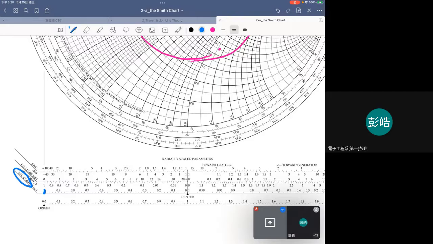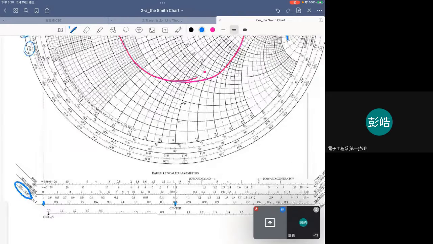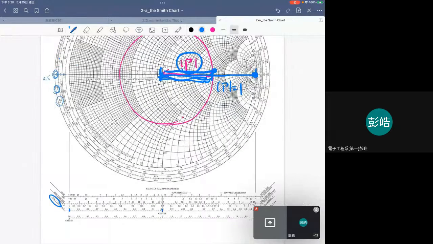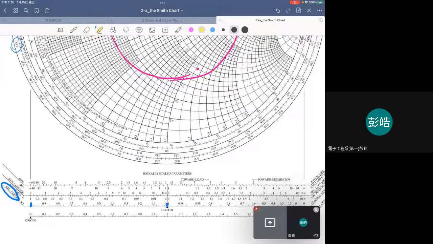This is 1 and 0, okay? So what you need to do is use the ruler to copy the length of this one. And you put this line on it.